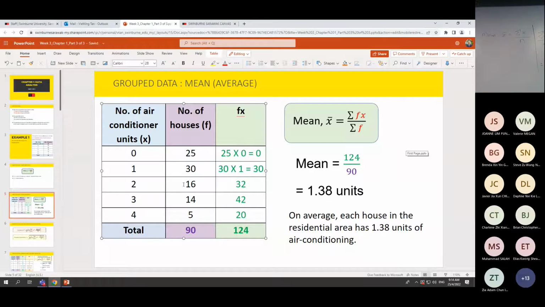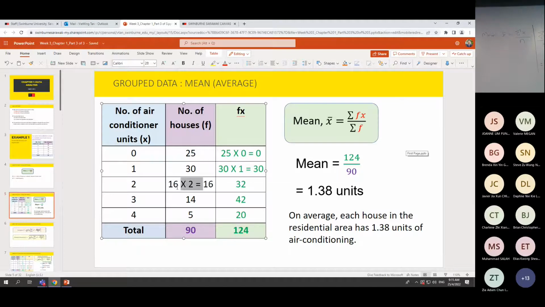The third class is using 16 multiplied with 2, so the answer is equal to 32. For the fourth class, I think I have to put it here so that you're not confused.